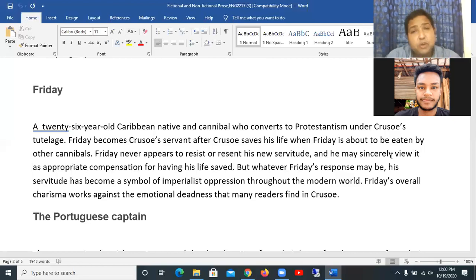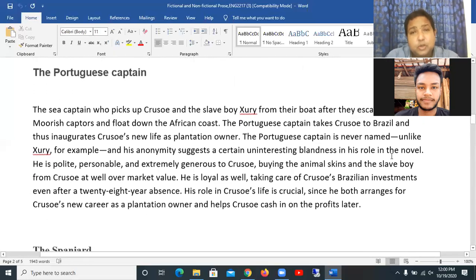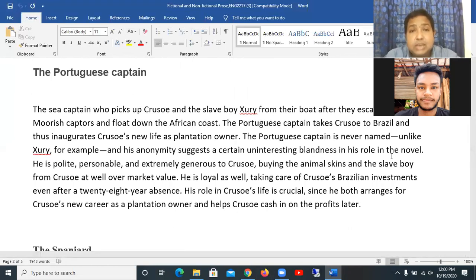The next important character in this novel is the Portuguese captain. We know that Portugal, France, Spain, the Netherlands, and England were fighting for superiority at sea, because in those days whoever was powerful in their naval fleets and maps would rule the world.